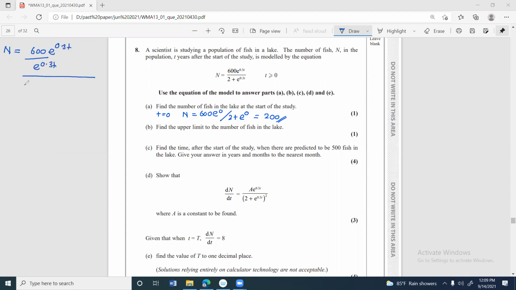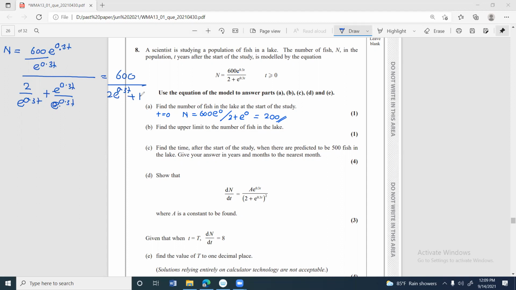This is a way of making it easy to understand. It doesn't make a problem for the final answer when you divide everything by e to the power 0.3t. So this turns into 600 divided by 2 e to the power negative 0.3t plus 1.